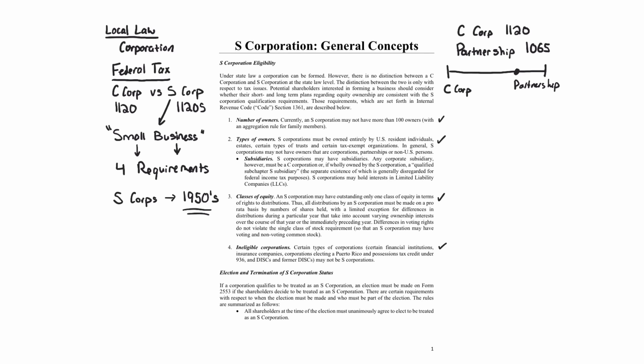So it's less than or equal to 100 owners. Now the reason why I conditioned myself when I mentioned that in the video is because this has changed over the years. It's been different numbers over the years. Okay? So right now, if you have more than 100 owners, guess what? You cannot have an S corporation. But that might change in the future to more owners. So keep that in mind. But there is an owner requirement.